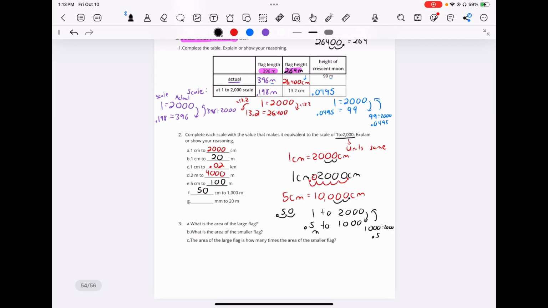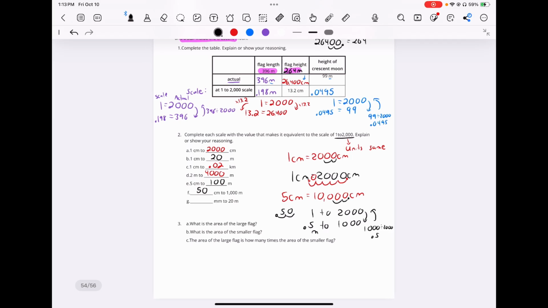And for G, I have 1 to 2,000. And now I'm given 20 for my actual. So I divide 20 divided by 2,000. And 20 divided by 2,000 is 0.01. So that's 0.01 meters.